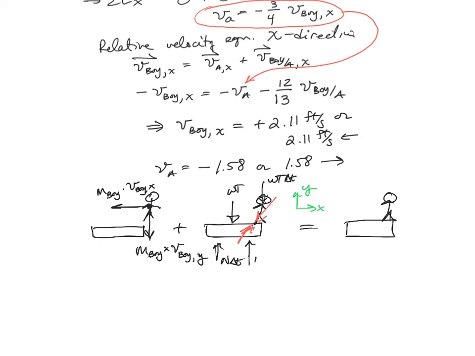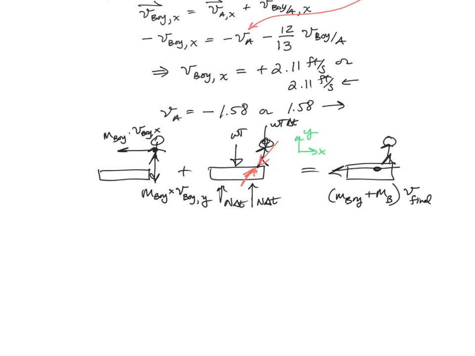A little messy in here. And in the end, we're going to have both of these entities together. So we would have mass of the boy plus the mass of cart B times some v final, some velocity after the impact. So again, the way we're able to avoid all those y direction forces in the integral of f dt is we're going to sum linear momentum in the x direction.